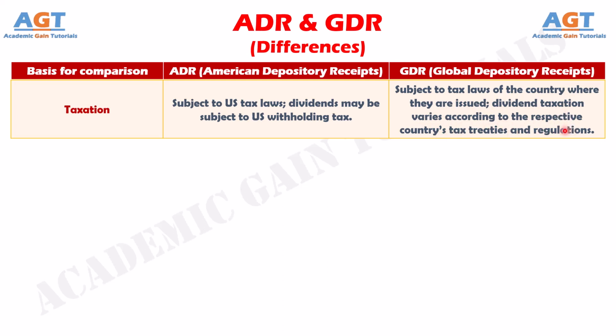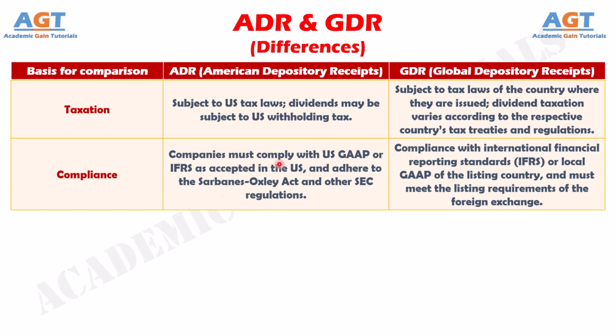Number 12. Companies issuing ADRs must comply with U.S. GAAP or IFRS as accepted in the U.S. and adhere to the Sarbanes-Oxley Act and other SEC regulations, whereas companies issuing GDRs must comply with International Financial Reporting Standards, IFRS, or local GAAP of the listing country and meet the listing requirements of the foreign exchange.